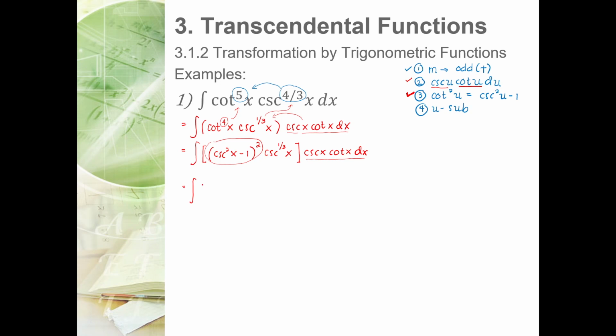So we have cosecant to the fourth of x minus 2 cosecant squared x plus 1, then multiplied by cosecant to the 1/3 of x, and then the factored out term earlier, cosecant x cotangent x dx.